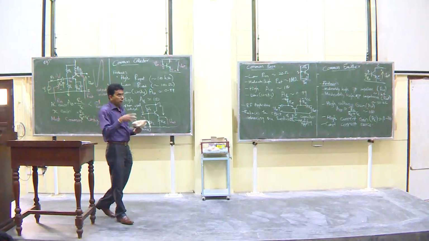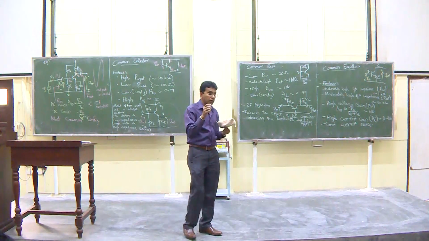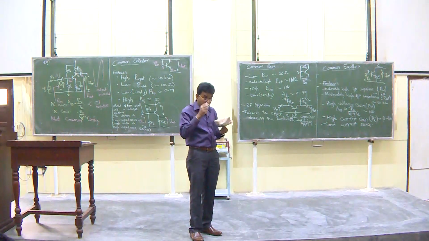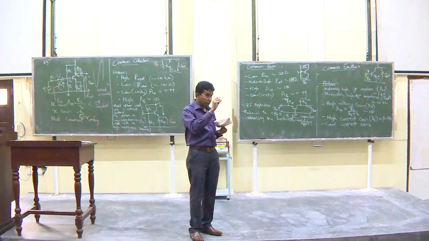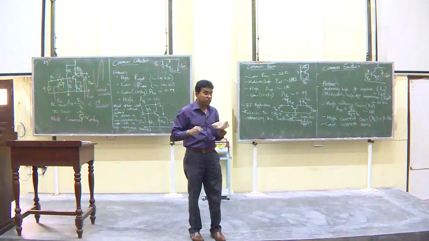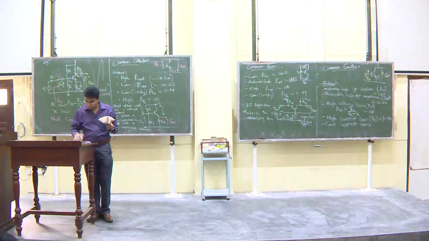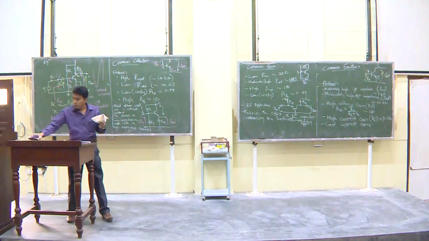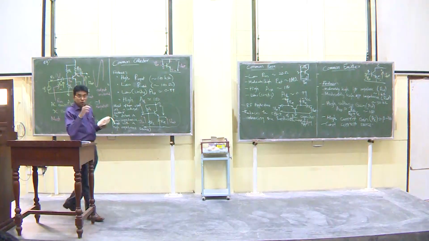Also, when we design circuits using discrete components, the FETs, because of this gate to channel capacitor, are more susceptible to static discharge. The gate to channel capacitor can get damaged due to static discharge.